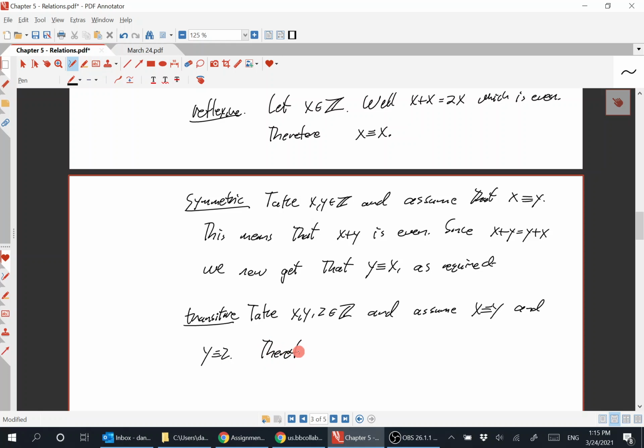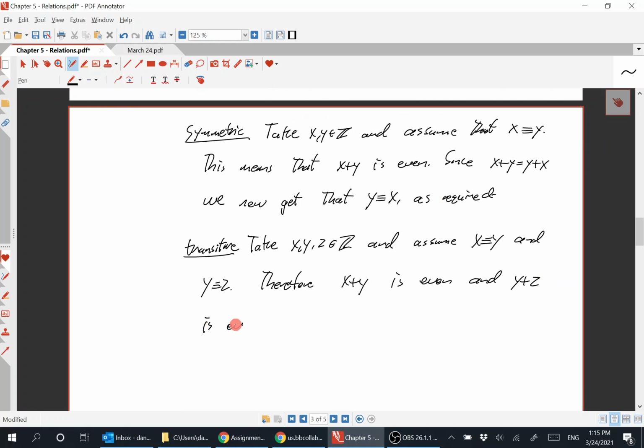Therefore, x plus y is even, and y plus z is even. And what does even mean? This means x plus y over 2 and y plus z over 2 are both integers. You can think of an integer being even as when you divide that integer by 2, you get another integer.